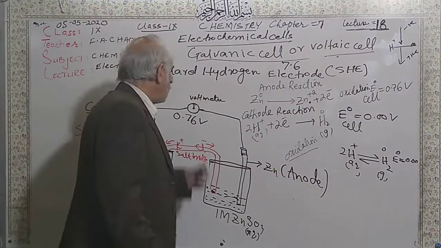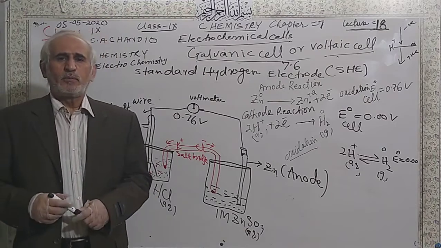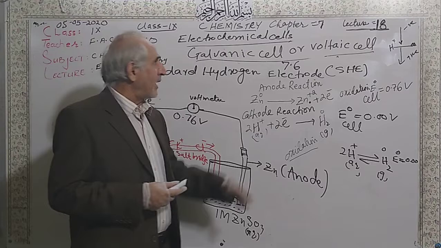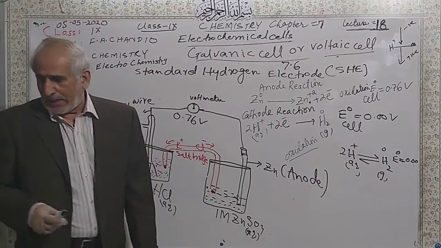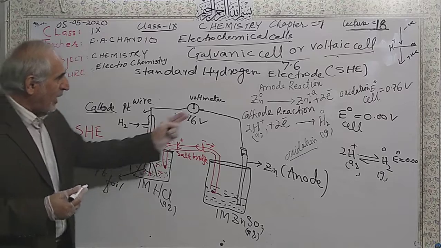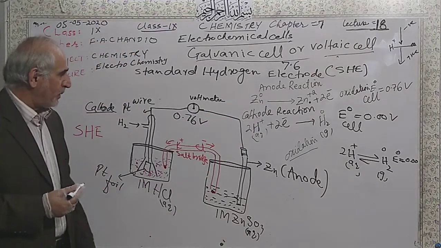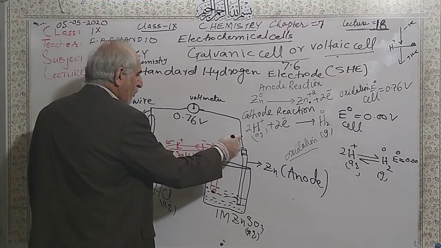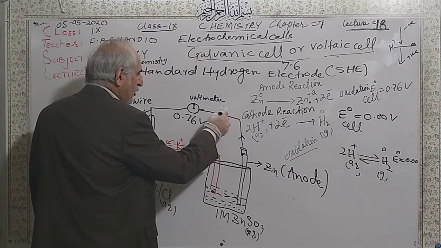Again you will calculate the voltage for this one. So dear students, this is also an example of a galvanic cell, and according to the questions, write the half cell reactions I have written, draw the diagram and mention the direction of electric current.